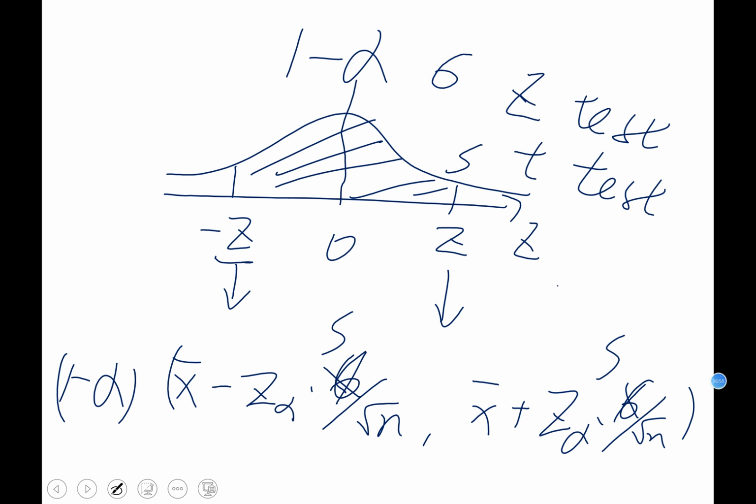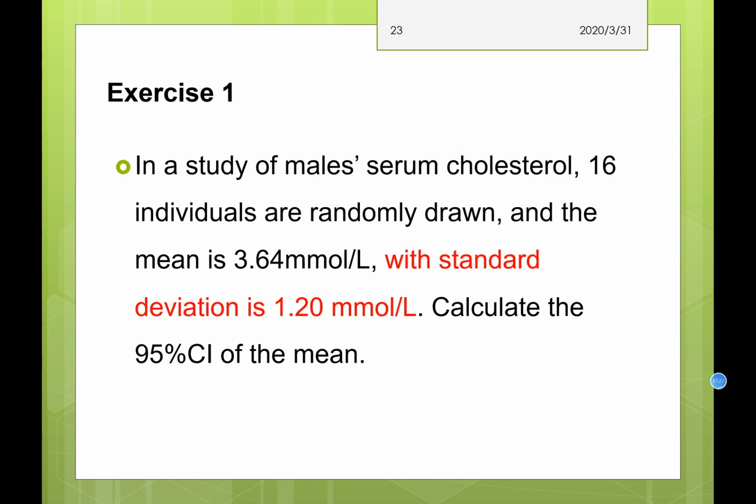And next, because the data follows a t distribution, not a z distribution, here this is not z alpha, but t nu of alpha. So that is the formula for the t-test confidence interval.